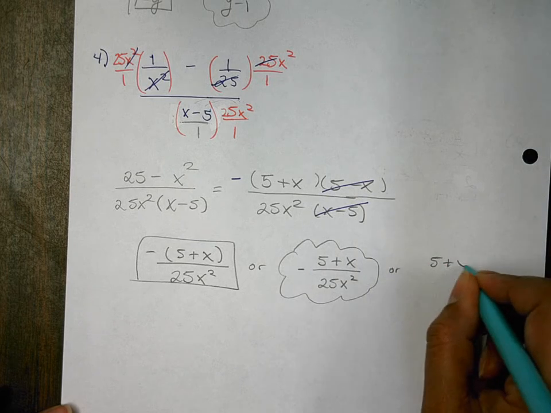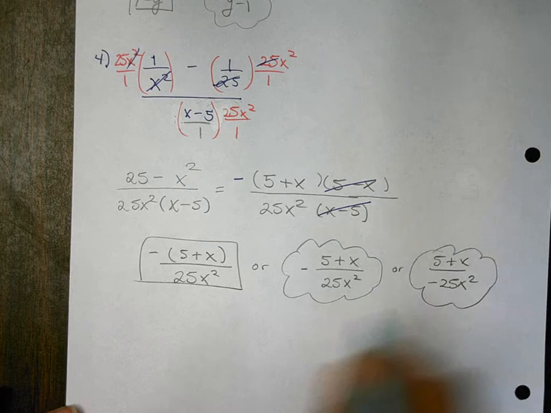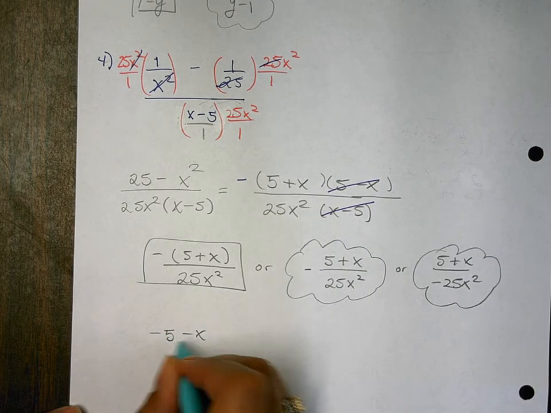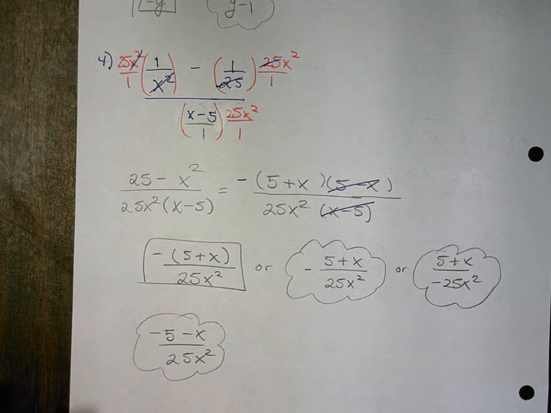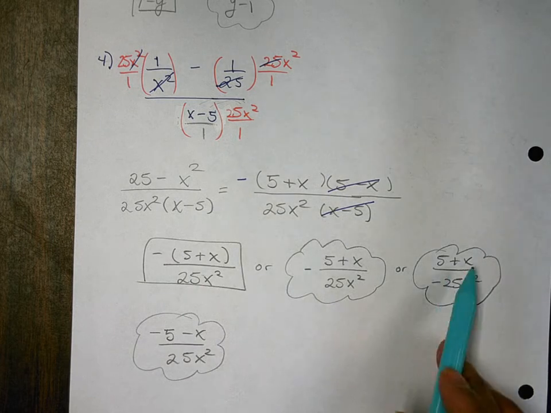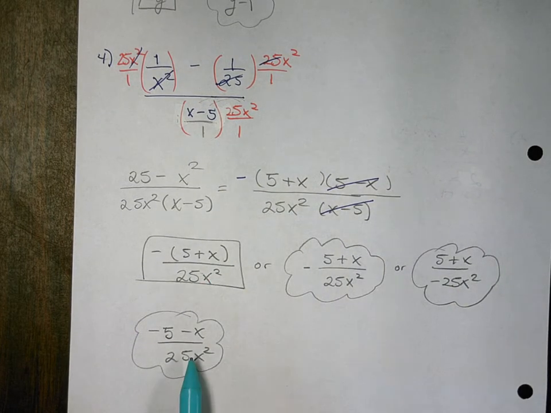Typically not, but they could. A test writer might distribute it. Negative 5 minus x, I get over 25x squared. Again, these are just different ways. I'm perfectly fine with you stopping here, but if you're taking a test, a multiple choice test, and you don't see your answer, look for other ways it might be written.